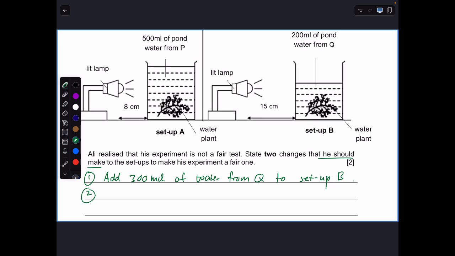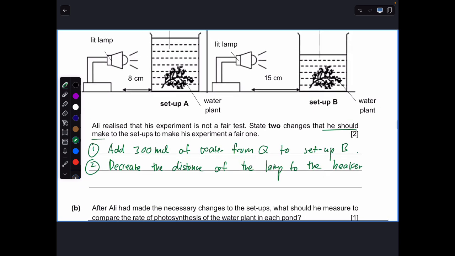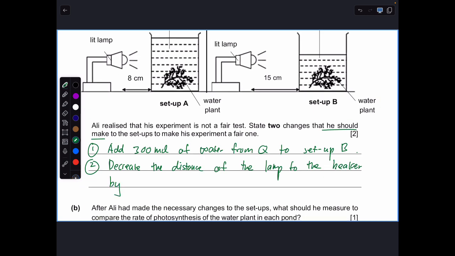Decrease the distance of the lamp to the beaker by 7 cm in setup B. So that will make it 8 cm as well.